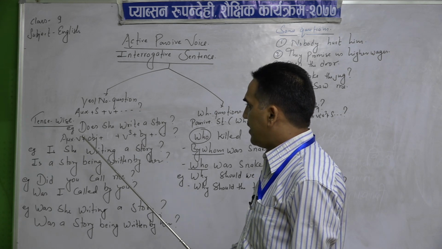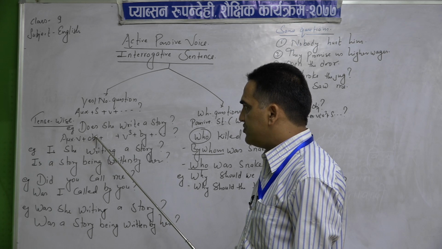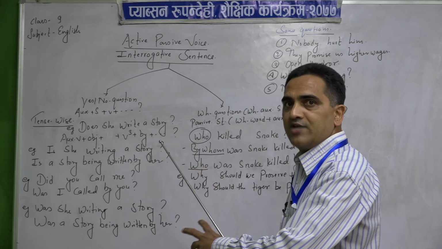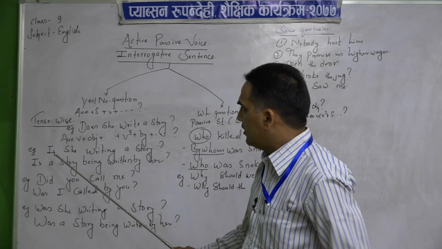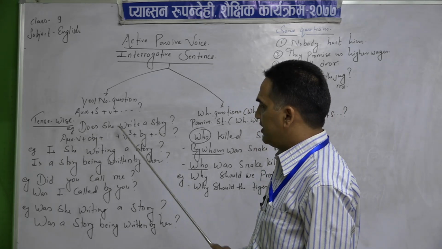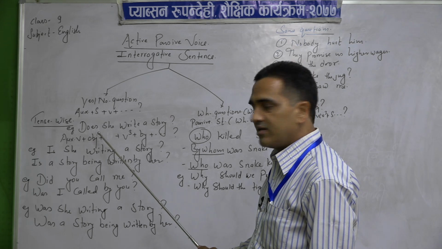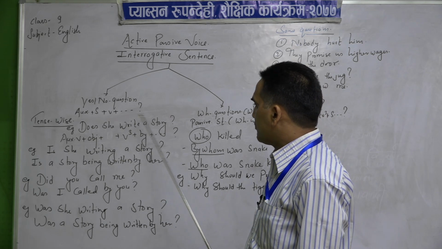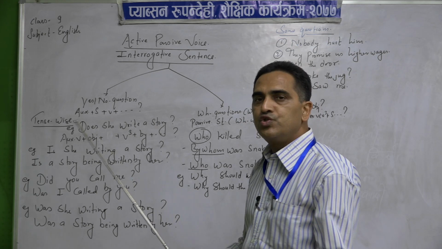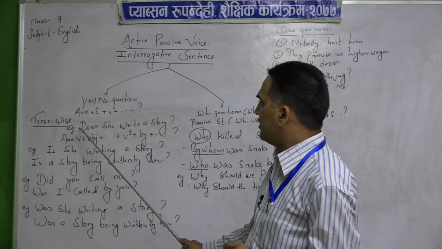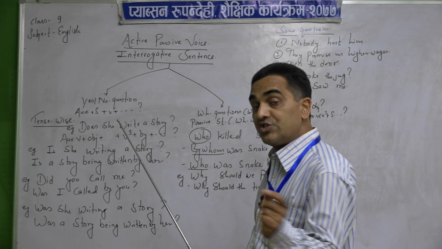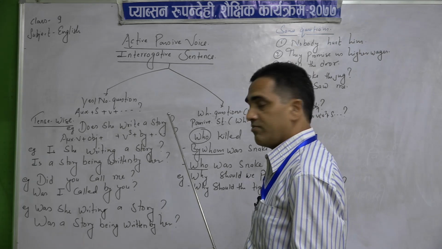And in passive: auxiliary verb, object plus V3 by plus remaining, agent. And does she write a story? It is in simple present tense. You have to see the object, and does means simple present. So you can write: is a story written by her? Question mark.